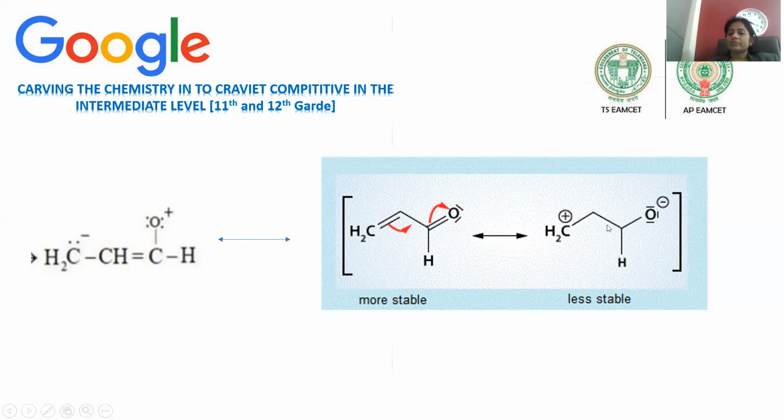So oxygen with the negative charge is more favorable in comparison to oxygen with the positive charge. So this resonance structure has the second priority, and this oxygen positive is the least favorable for oxygen. It will not hold the positive charge to the maximum extent.